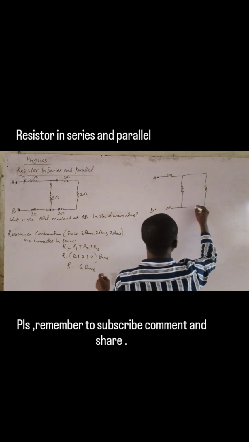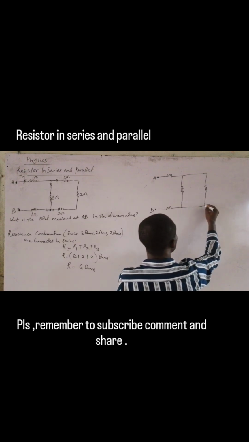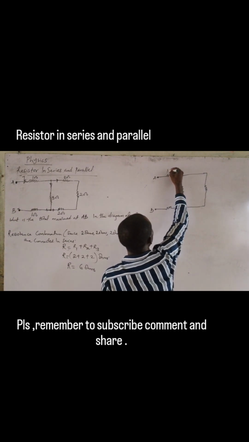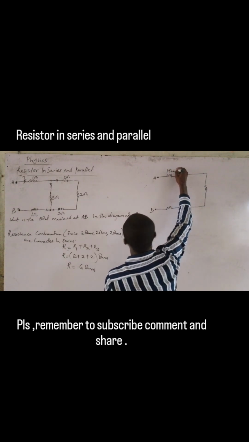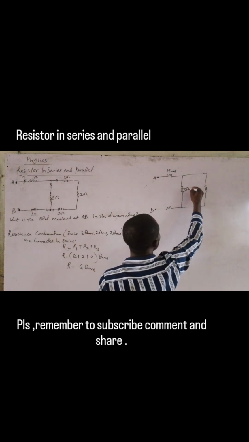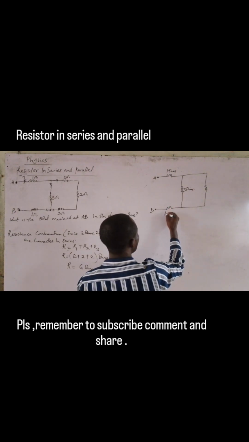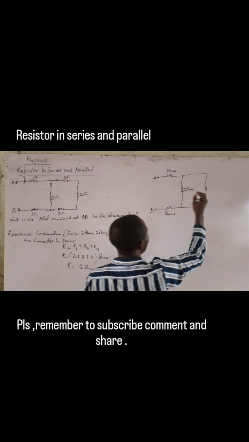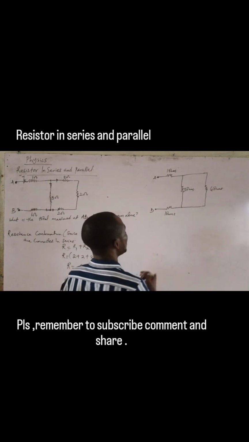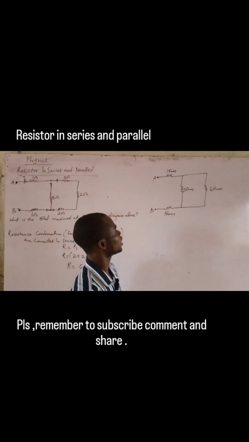So from here, it comes like this. Here I will have my 1 ohm. Here I will have my 3 ohms. And here I will have my 1 ohm. And here I will have my 6 ohms. Now, this is the new circuit diagram.